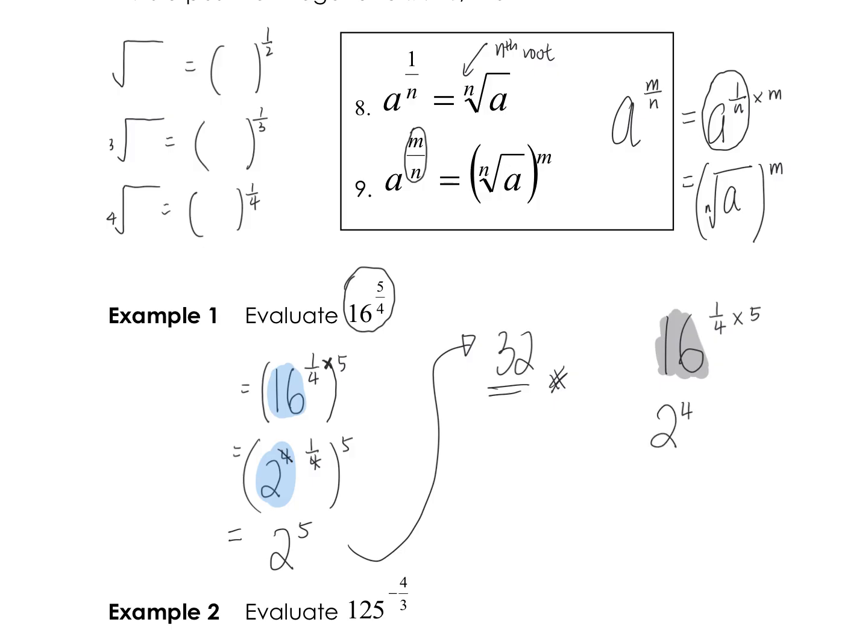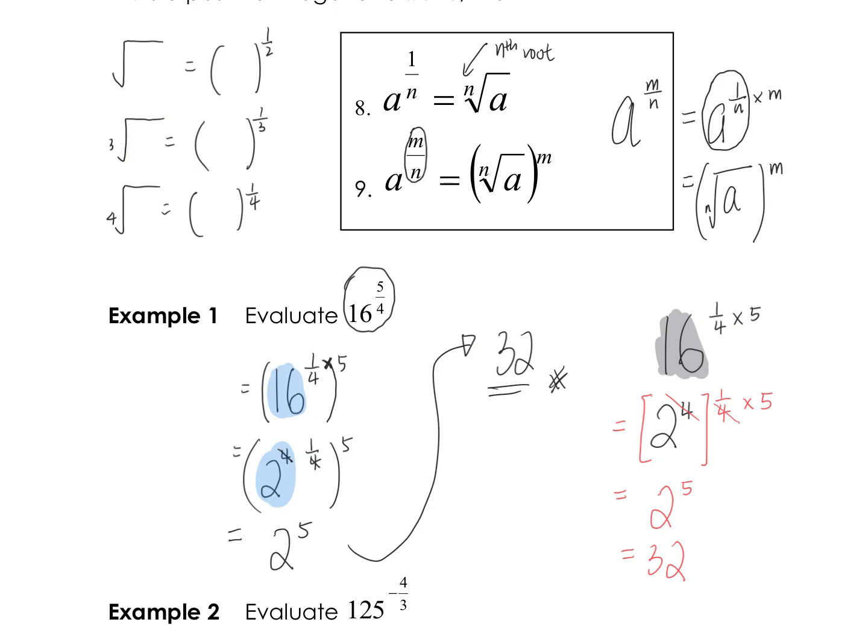They are the same. 2 times 2 times 2 times 2 makes 16. And then with that, I still have my 1/4 there. I still have my 5 there. So I realized that I could actually simplify this, and the quarter is gone. So I end up having 2 to the power of 5 remaining, which is 32.